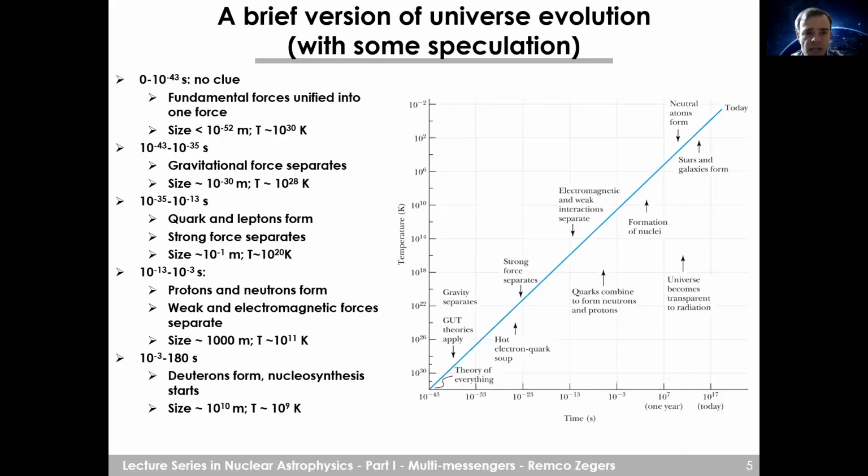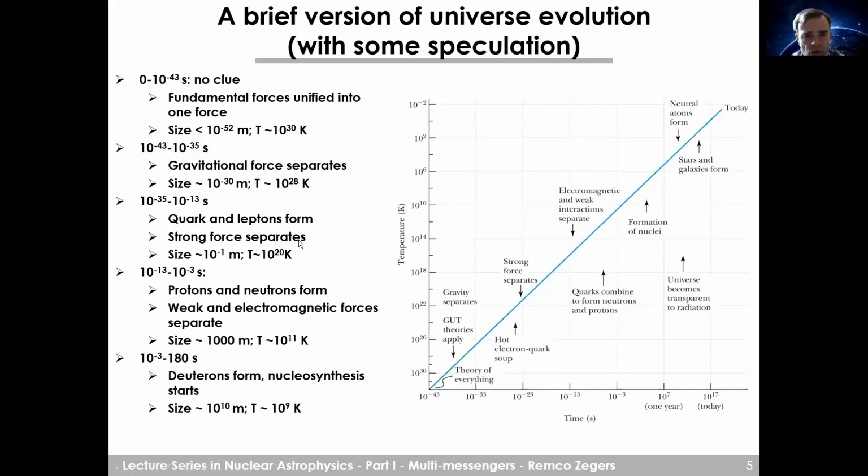Since that beginning, the universe starts to expand. In these later stages, the size increases from 10 to the minus 30 meter, 10 to the minus 1 meter, up to larger distances. The temperature goes down from 10 to the 30th Kelvin, and after a few hundred seconds, to about 10 to the 9 Kelvin. Just after the Big Bang, the gravitational force separates from the other forces.